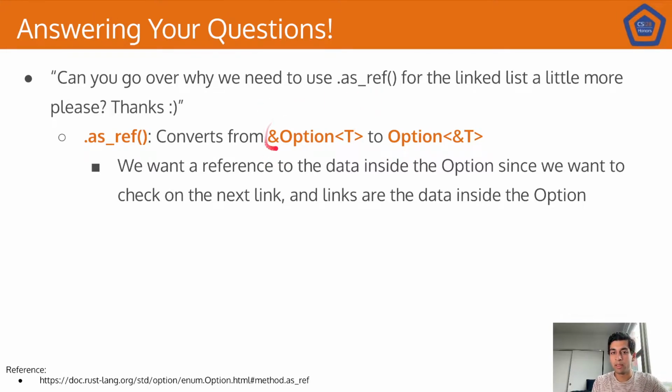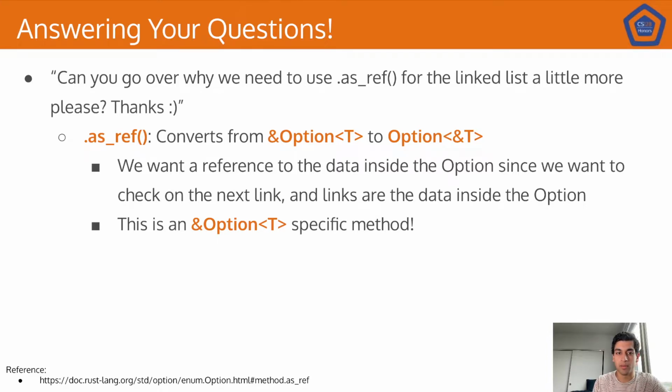It's hard to manipulate the Option itself, so as_ref gives us a reference to the data inside. Like I said, this is an Option-specific method. Other types can choose to implement this method if they like, but as_ref is primarily seen in Option types.